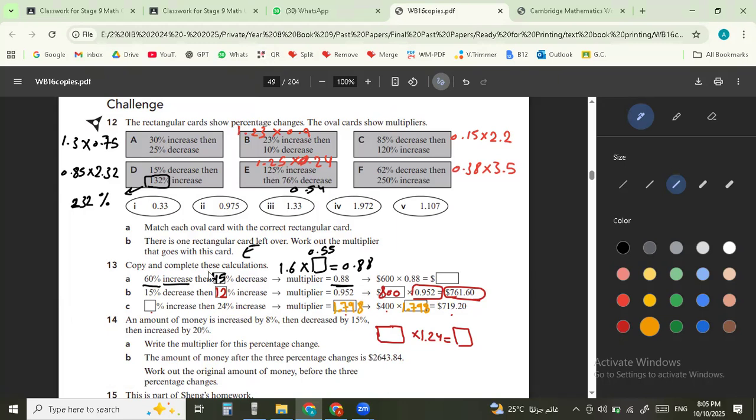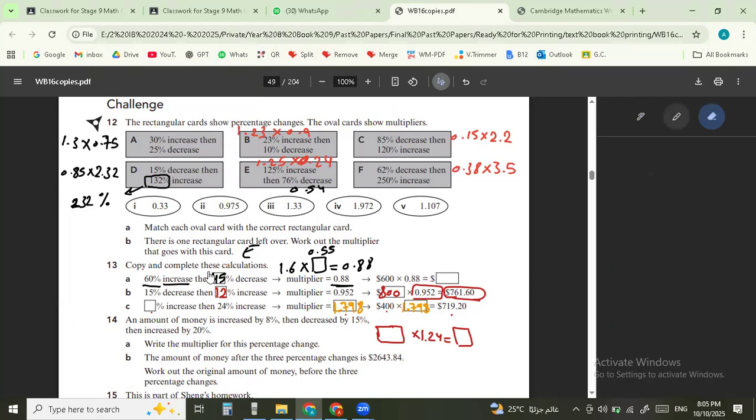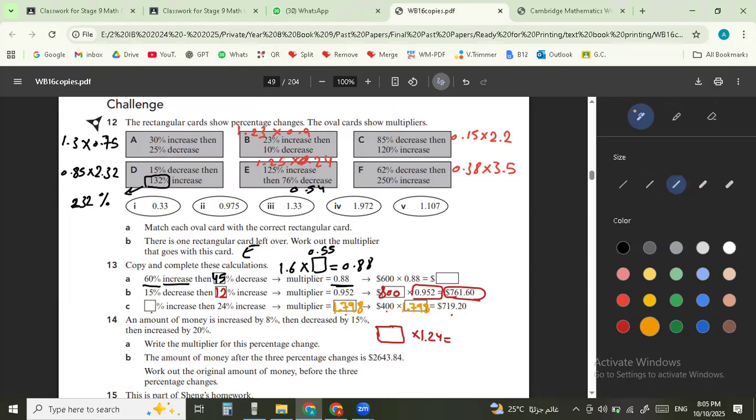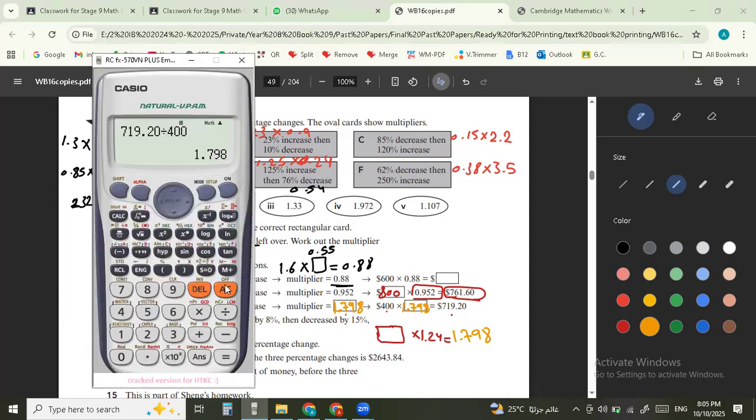Okay, now it started to make sense, because they're saying that this increase that I do not know, multiplied by 1.24, the multiplier here, equals 1.798. Now I can find this. What is the missing number over here? 1.798 divided by 1.24 equals 1.45.